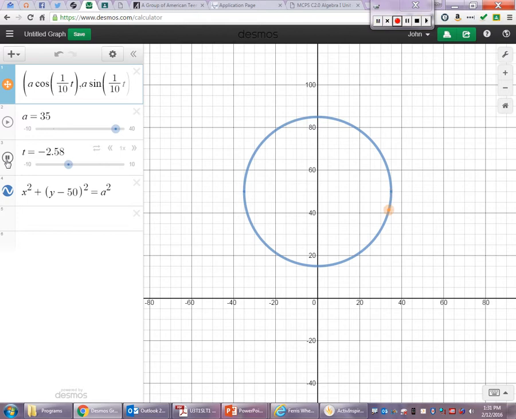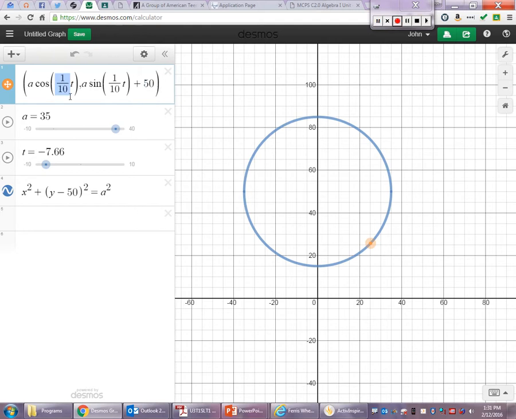Notice by the way that when you put 1/10 t in, it looks the same. The same graph is produced in the end, isn't it? It's still the same exact circle, regardless of what I put in here for this value. So it still charts the same circle. It's just going at different speeds.